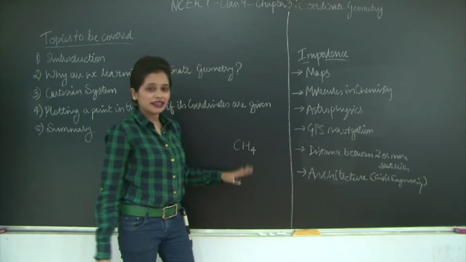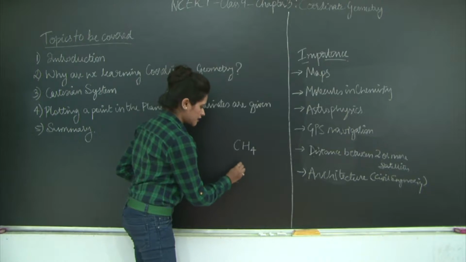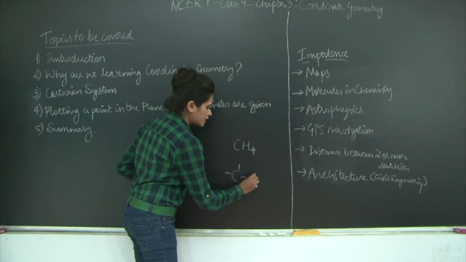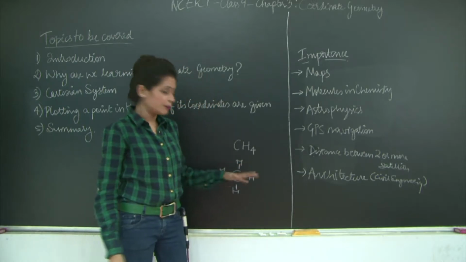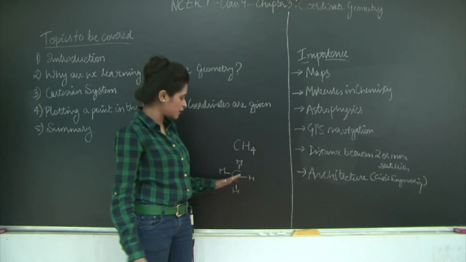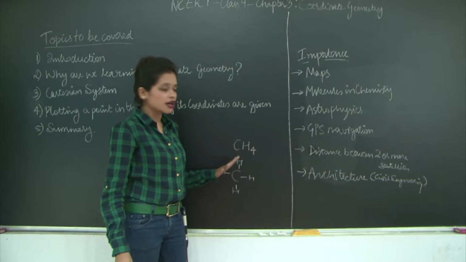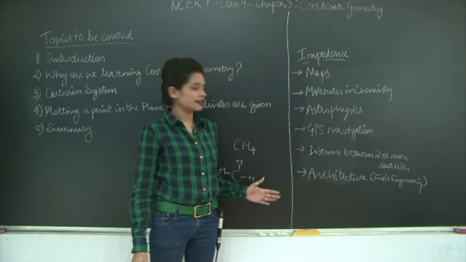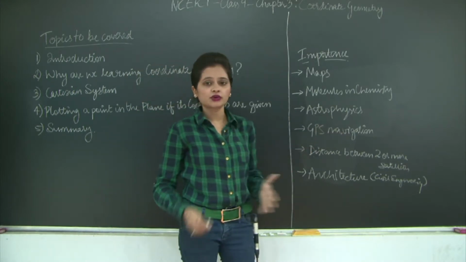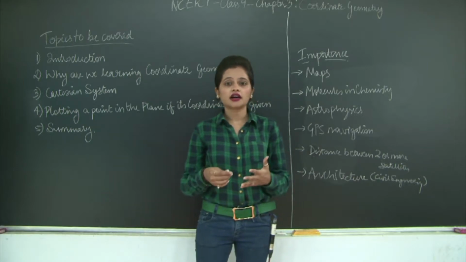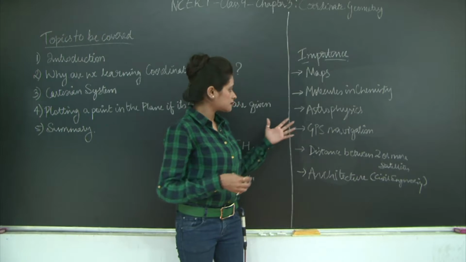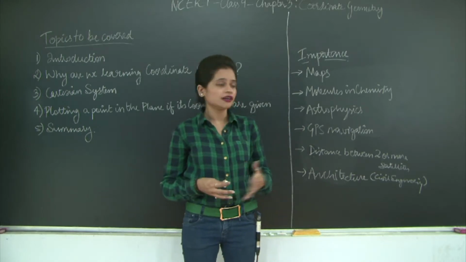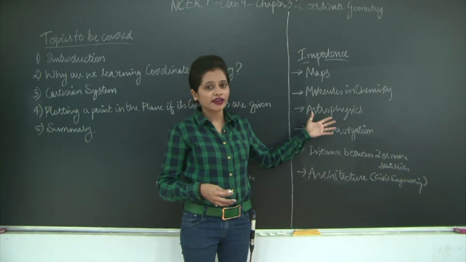Now, methane is something like a carbon atom with 4 hydrogen atoms. But depending on the position of these atoms with respect to carbon or with respect to each other, the molecule will behave differently. Then astrophysics. If you take up astrophysics, that's to understand the space between the stars or anything related to astronomy, coordinate geometry is going to be very handy.